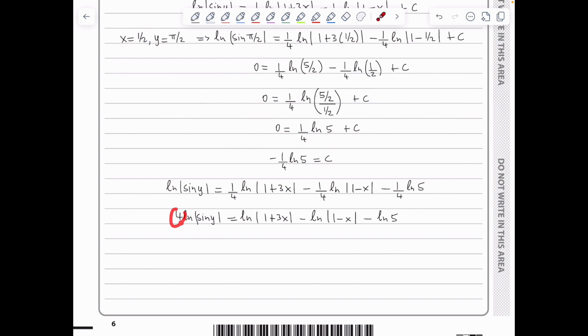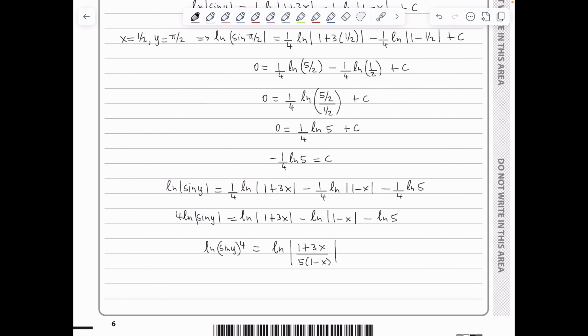The 4 here can go up as a power, so the left-hand side becomes ln of sine y raised to the power of 4, while on the right-hand side we've got ln of (1 plus 3x). We've got two subtractions here, so the 1 minus x and the 5 will be divided by, so they will appear in the denominator, and so the right-hand side will be written as a single logarithm. It's going to be ln of (1 plus 3x) over 5 times (1 minus x).